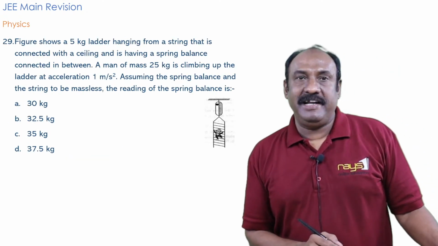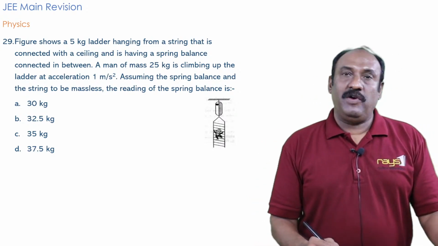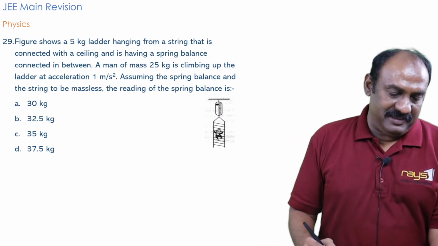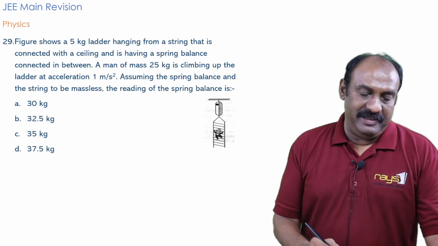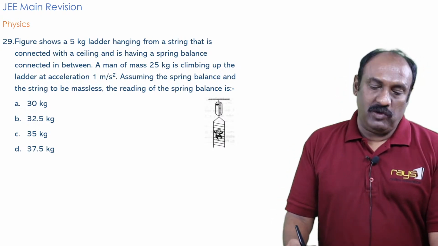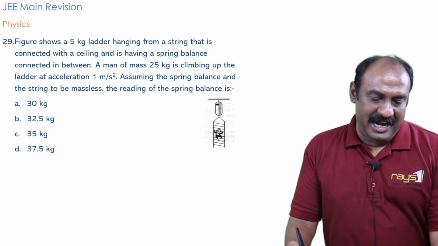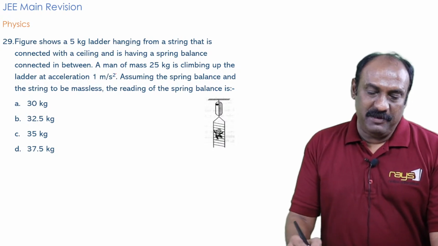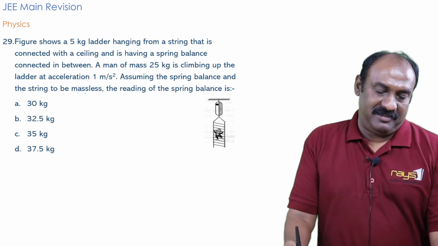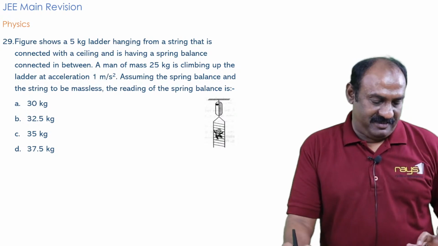Question number 29. The figure shows a 5 kg ladder hanging from a string that is connected to the ceiling and has a spring balance connected in between them. A man of mass 25 kg is climbing up the ladder at an acceleration of 1 meter per second square. Assuming that the spring balance and the string are massless, the reading of the spring balance is.